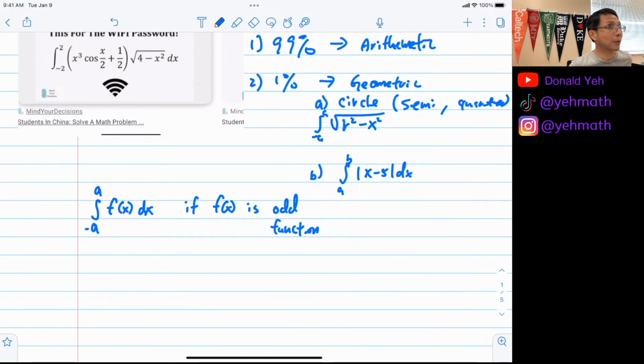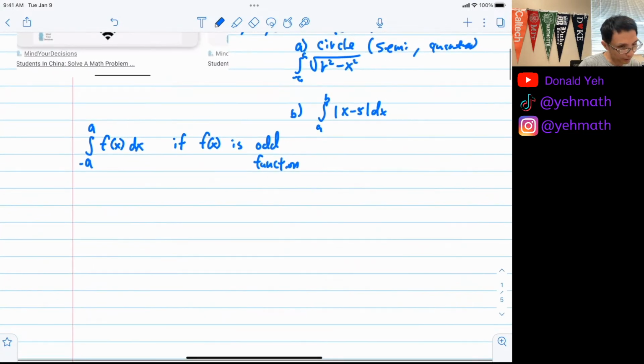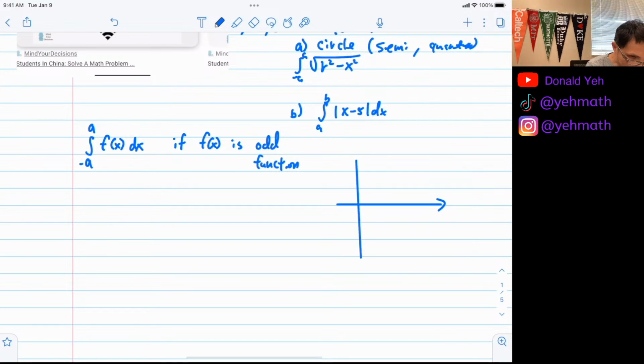Now let's answer some questions. Third period Nathan asked me, he says, Mr. Ye, when the integral you get a negative value, what does that graph look like?